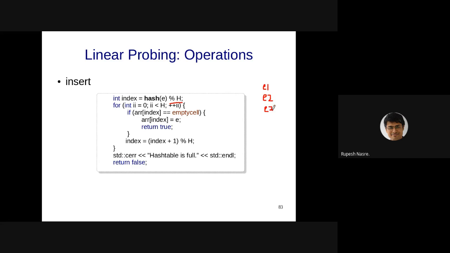These are stored in consecutive locations, because these hash to the same bucket. Now E2 got deleted, and so according to whatever we have discussed so far, it should be an empty cell.